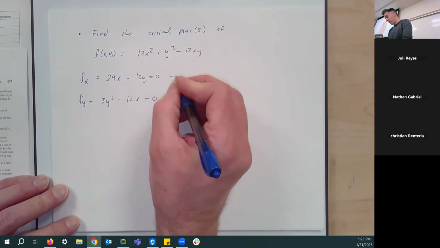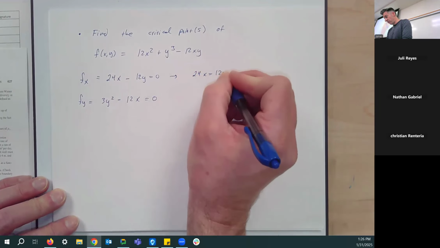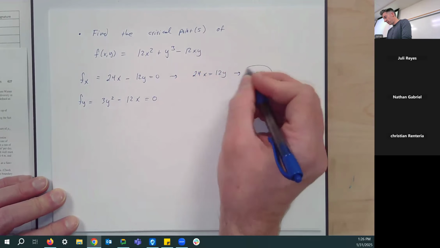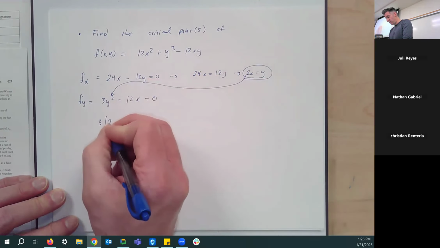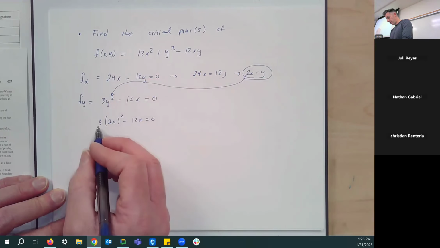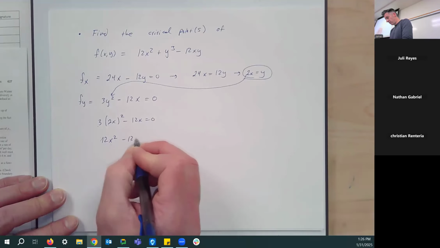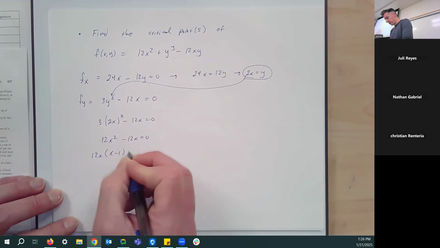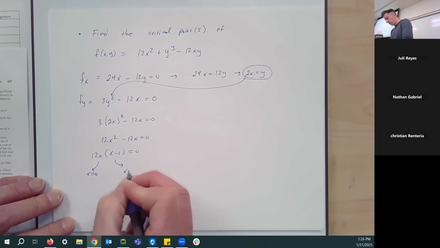Here, I can solve for y: 24x equals positive 12y, so 2x is equal to y. Plug that back in for y over here. Then we have 3 times (2x) squared minus 12x equal to 0. That's 3 times 4, so 12x squared minus 12x equal to 0. We can factor out a 12x. We're left with either x equal to 0 or x equal to 1.